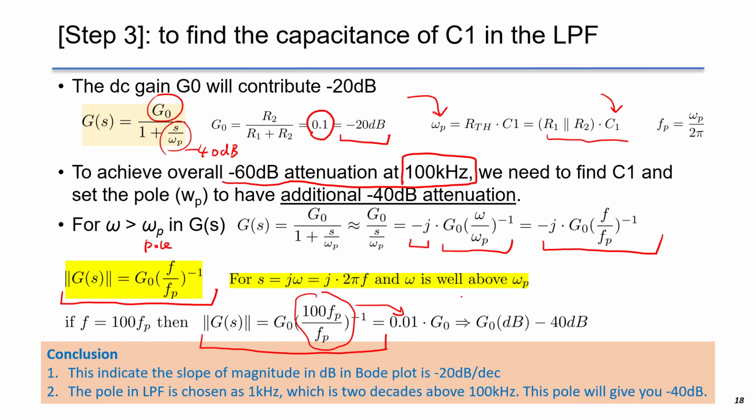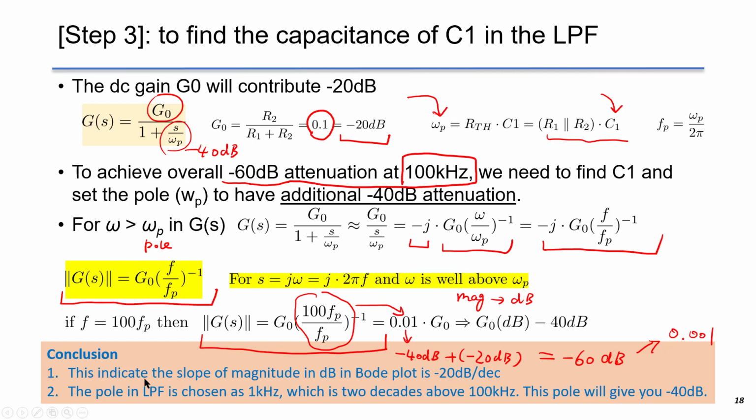If we convert the magnitude to dB, this will give you minus 40 dB, plus the magnitude of this part, which is minus 20 dB. So in total you get minus 60 dB. In decimal, it will be 0.001, as we expected.